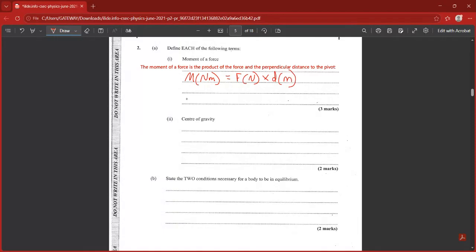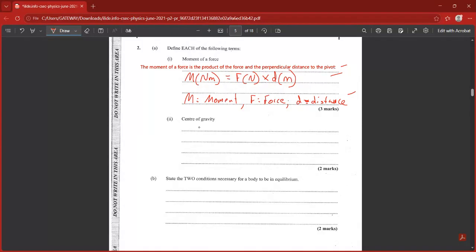So M is equal to moment, F is equal to force, and d is equal to distance. Now this is 3 marks, so I don't think they will give you 3 marks for just a sentence. That's why I say study the format, like what you did and stuff, right?